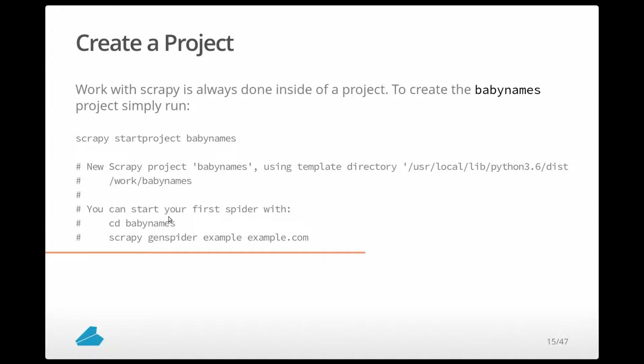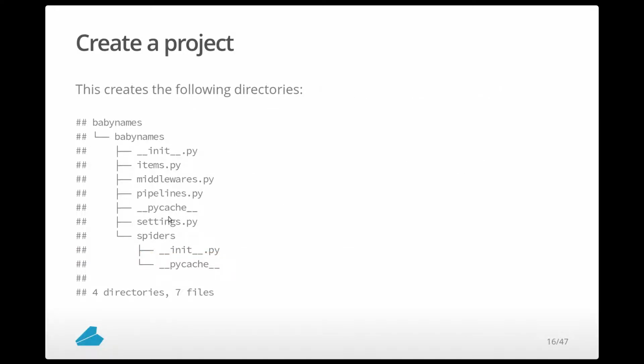But anyway, when you're working on something in Scrapy, basically what you do is you make a project. So you run scrapy startproject baby names, and then that creates a folder called baby names, and it fills it up with stuff that's useful. Basically, you get these 3 files: items, middlewares, and pipelines, which I won't really talk about because they're more advanced features.